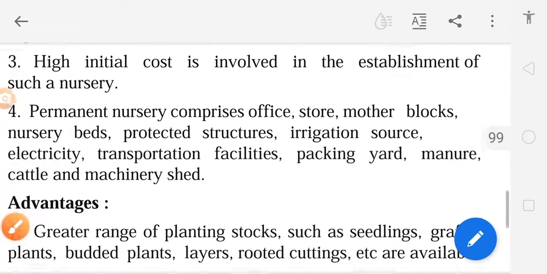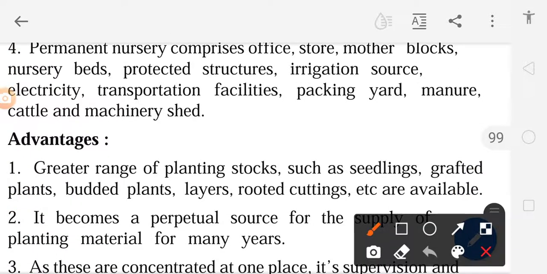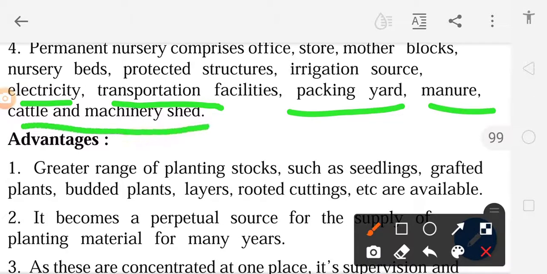So in this permanent nursery, there should be facilities of electricity, transport, packing yard, manures, cattle, and all these things are required.